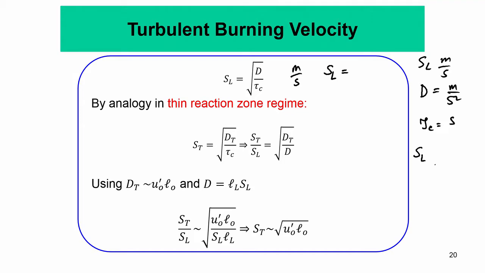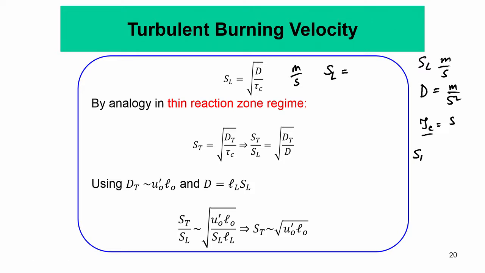So we can write a chemical time in seconds. We know that SL is essentially the square root of D times omega, where D is the diffusivity and omega is the reaction rate. Now we just want to write this omega in terms of a time scale. So instead of a reaction rate, we write a chemical time scale in units of seconds.